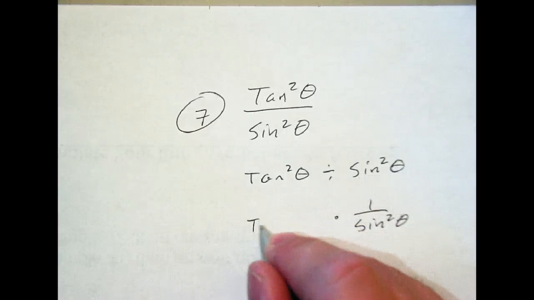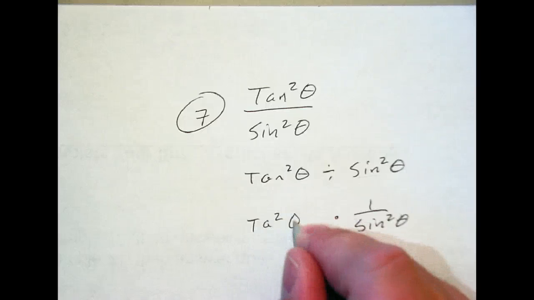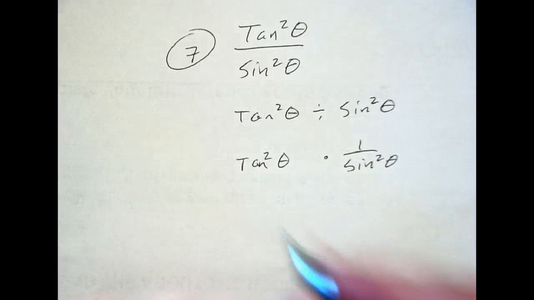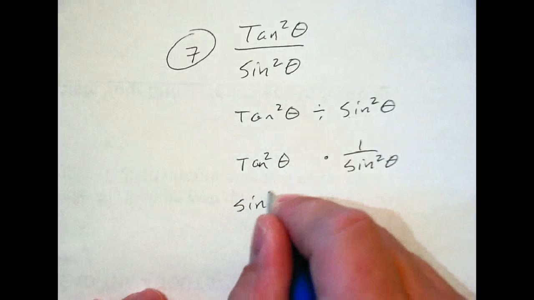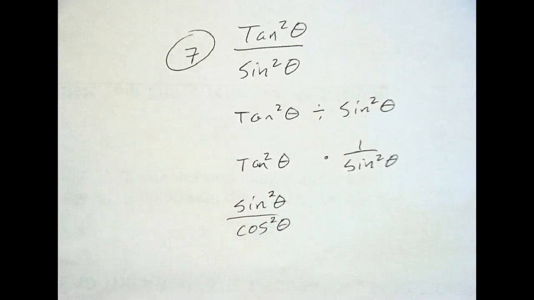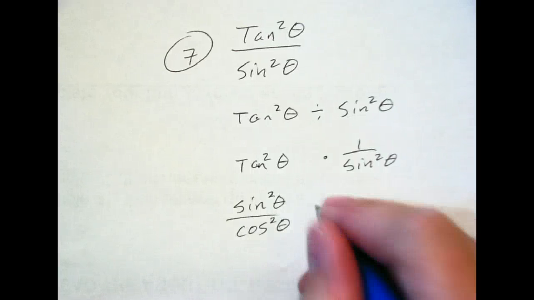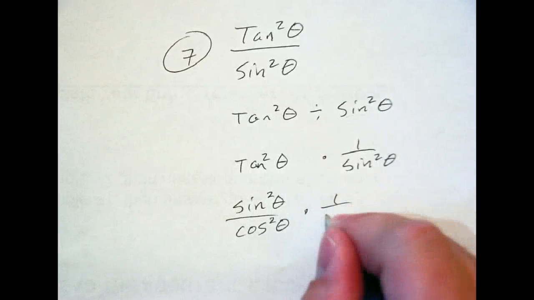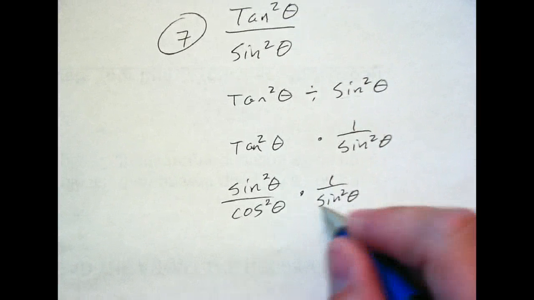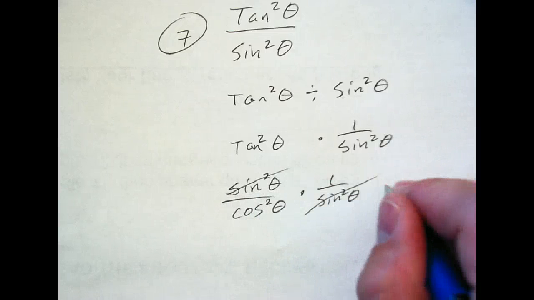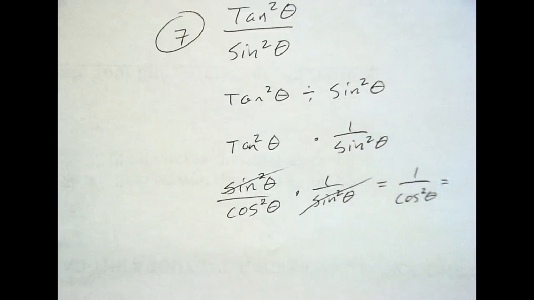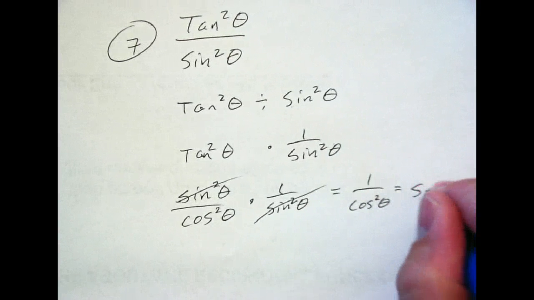And that's tan squared theta. Another way to write tan squared is sine squared theta over cos squared theta, times 1 over sine squared theta. What happens? Those cancel. I'm left with 1 over cos squared theta, which is equal to secant squared theta.